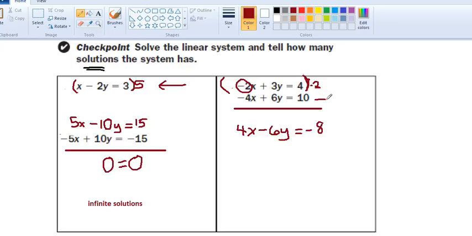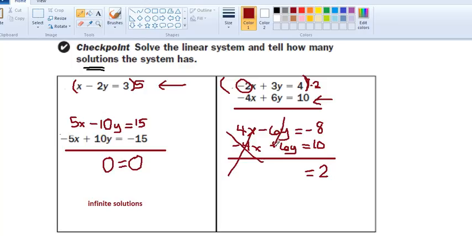Okay, now this previous one right here, the second one, is already negative 4x plus 6y equals 10. Now you can probably see what's going to happen here when you do the addition. This is going to come out over here on the right side to 2. This is going to go like this and come to 0.